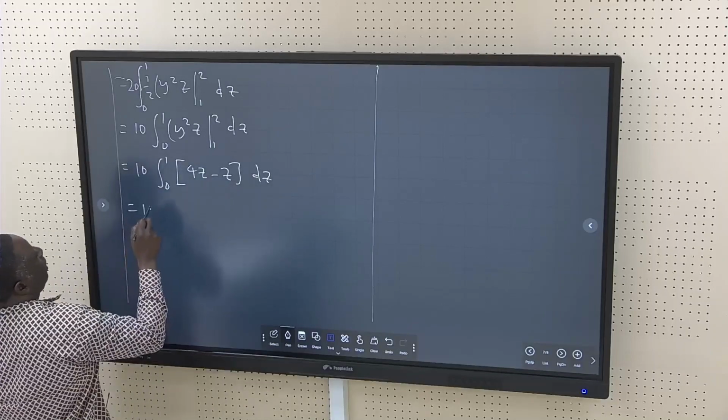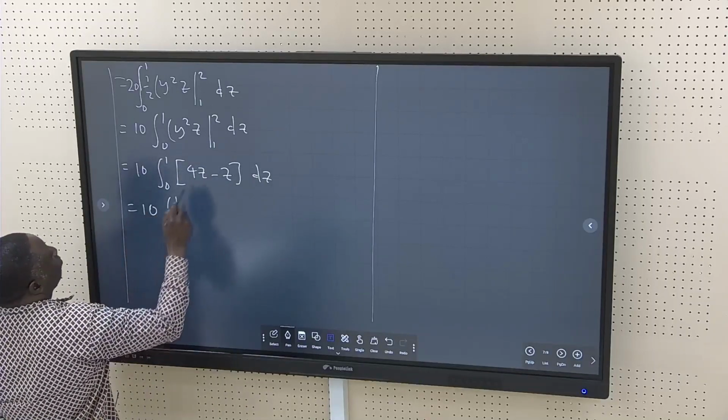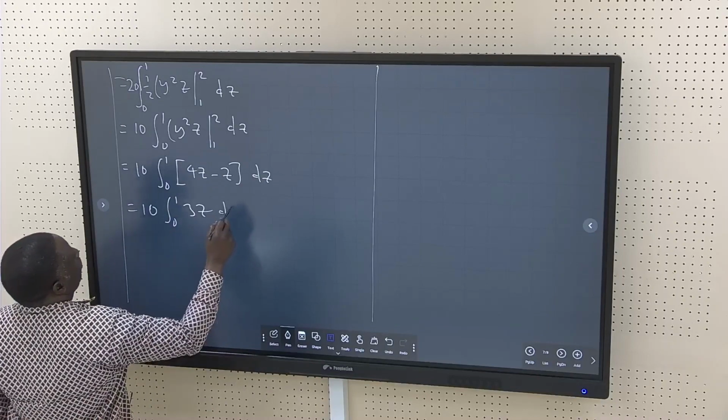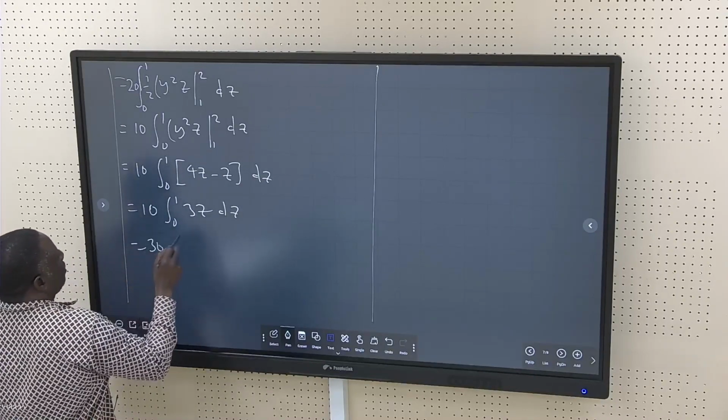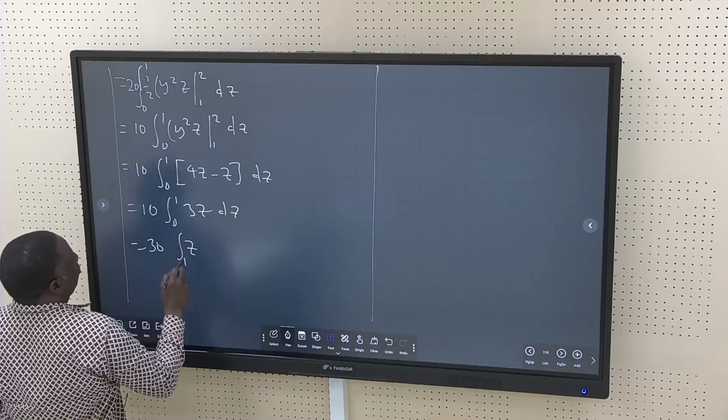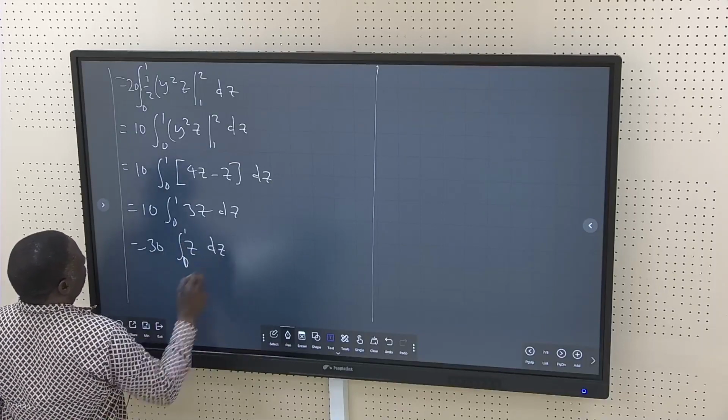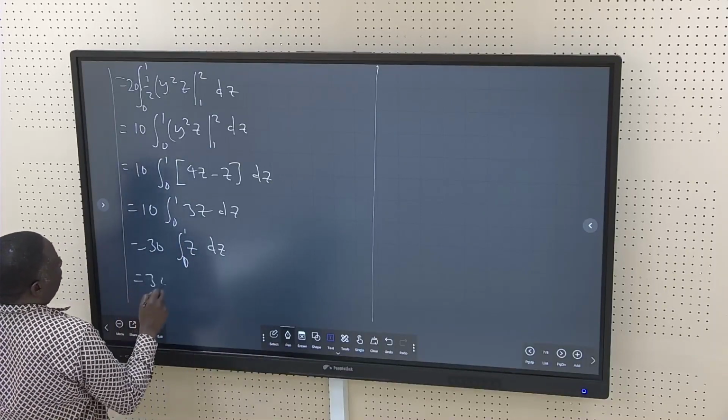So this is 10, the integral from 0 to 1, 3z with respect to z. Again, this is 30, the integral of z from 0 to 1 with respect to z. So this is 30.